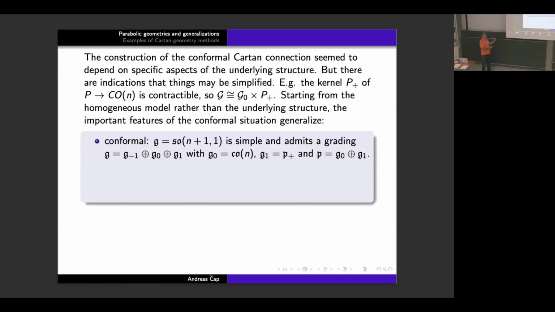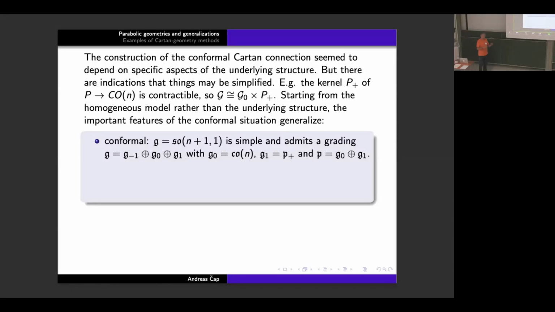g_{-1} is R^n, g_1 is R^n, so these are abelian subalgebras. And then there is a Lie bracket mapping g_{-1} times g_1 to g_0, which in a way is a central ingredient for conformal geometry. Yeah? So you have this decomposition, which defines a grading of the Lie algebra in the standard sense.